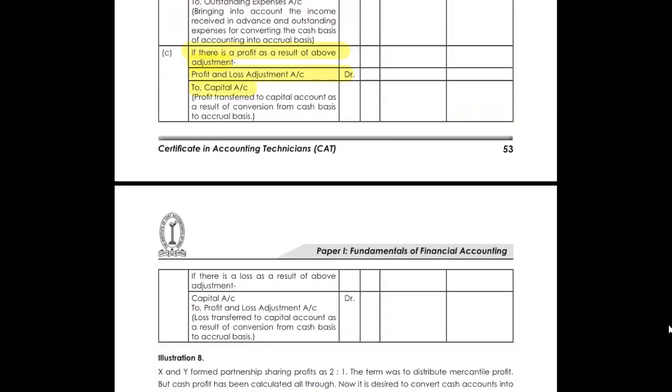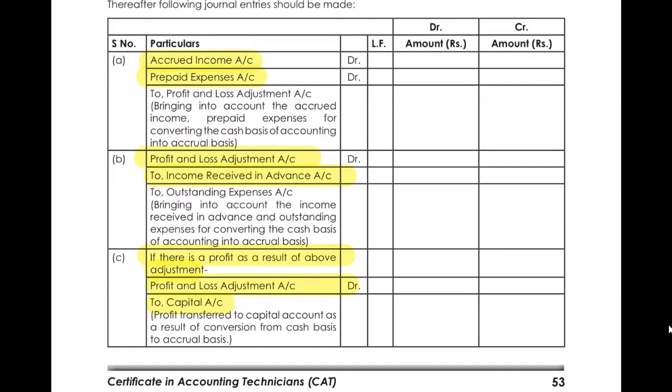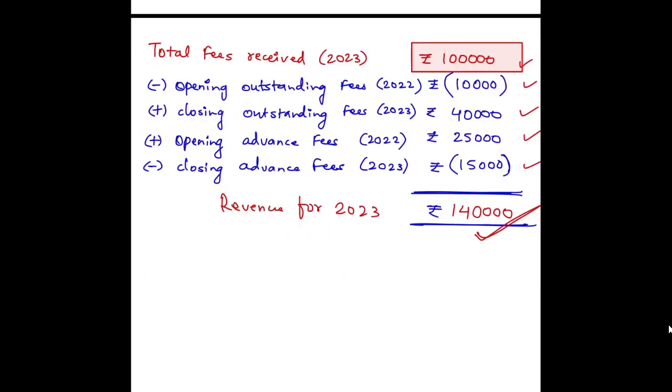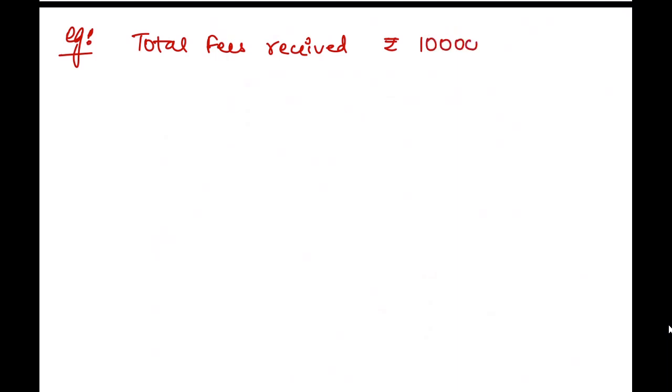Let us do one example and then we can discuss about it. Okay. I am giving you one more example. Logically, you can solve it easily, but for the journal entries, you need to understand something. For example, total fees received is rupees 10,000.